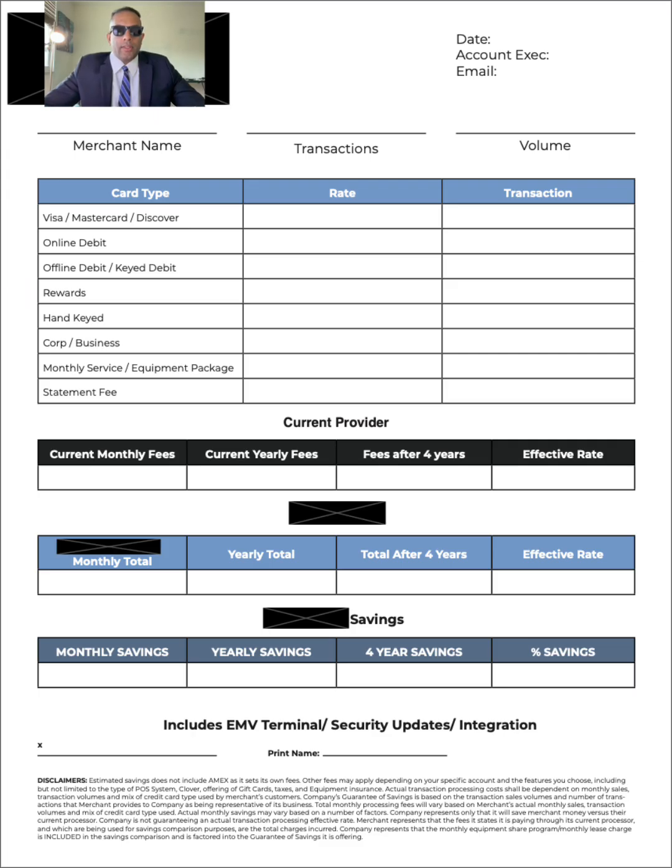Rewards. This is when a customer or the card holder is receiving a reward, such as cashback, flights, hotels, etc. Hand keyed. This is considered a line of credit, not debit, no bank affiliation, only credit.